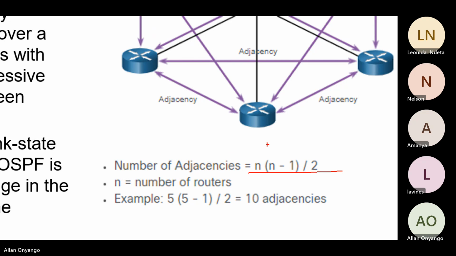Okay? n into n minus 1, everything over 2, where n is the number of routers. For example, if you have 5 routers here, we'll have 5 into 5 minus 1 over 2. 5 minus 1 is 4. 4 times 5 is 20. And 20 divided by 2 is actually 10 adjacencies.